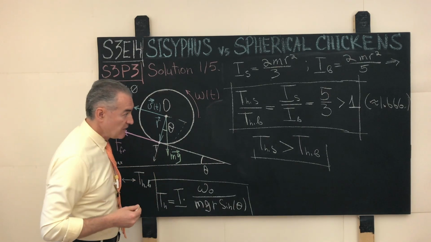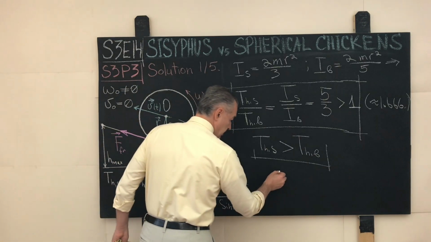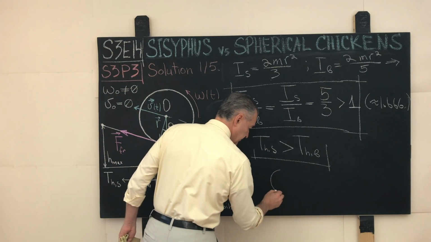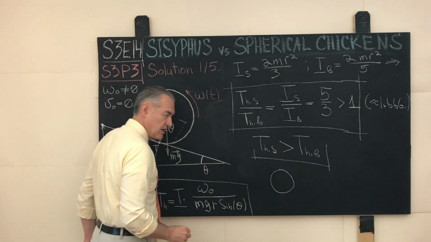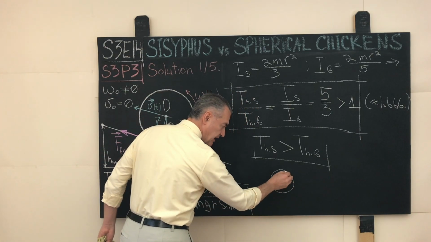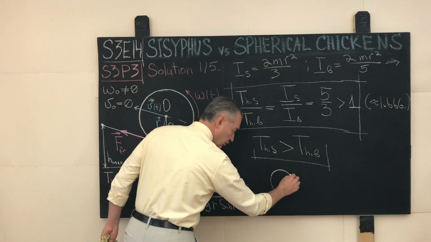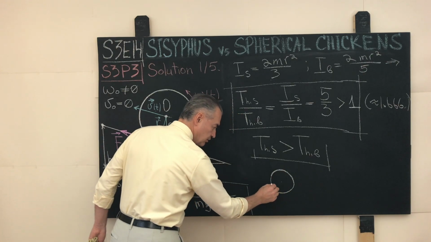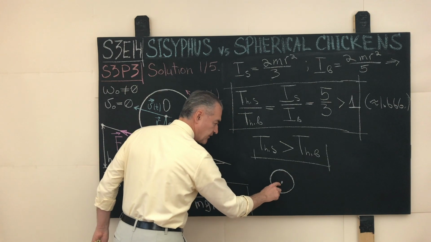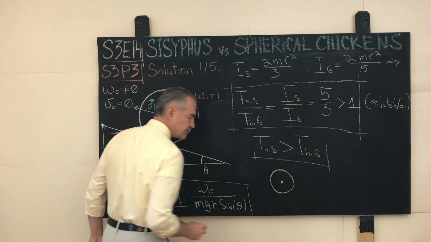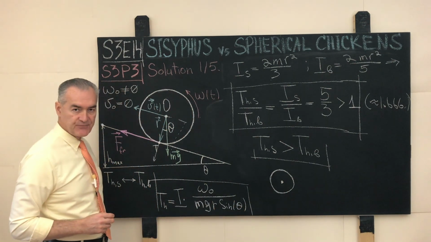And if we have a sphere, a hollow object, remember that all of its mass, whatever it is, is located as far away from its geometric center as possible.